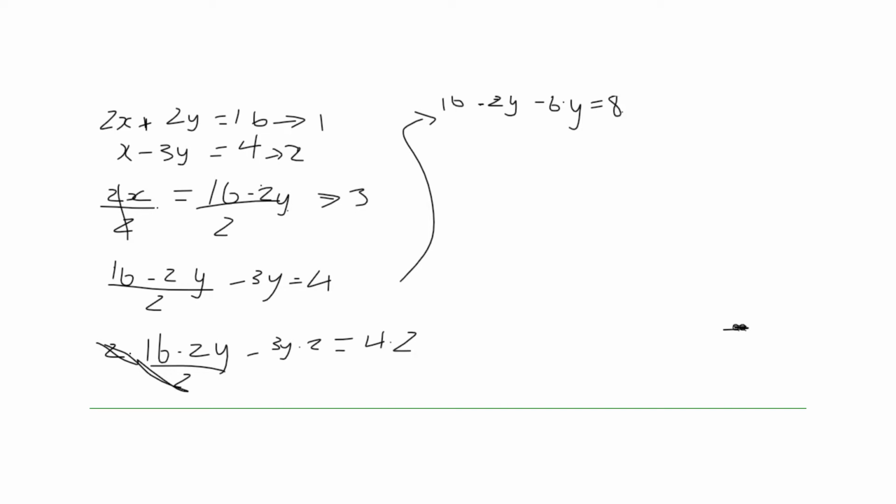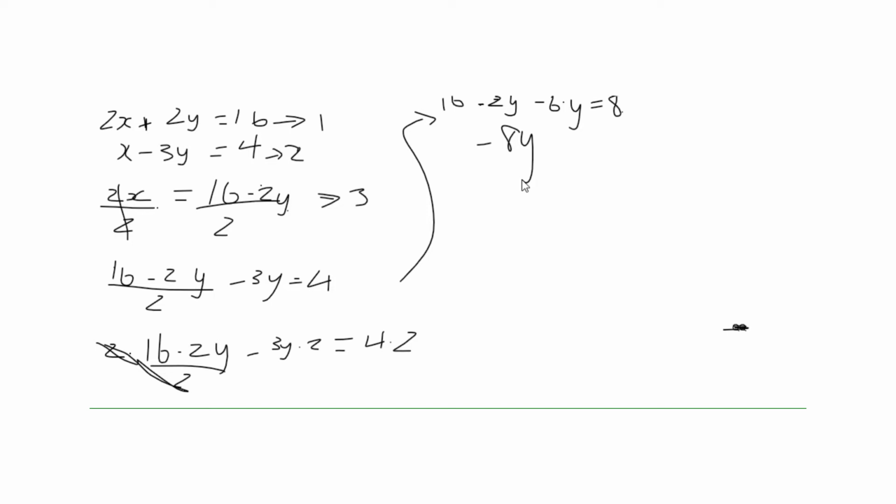Next we're going to simplify and solve for y. Negative 2y and negative 6y gives us negative 8y.